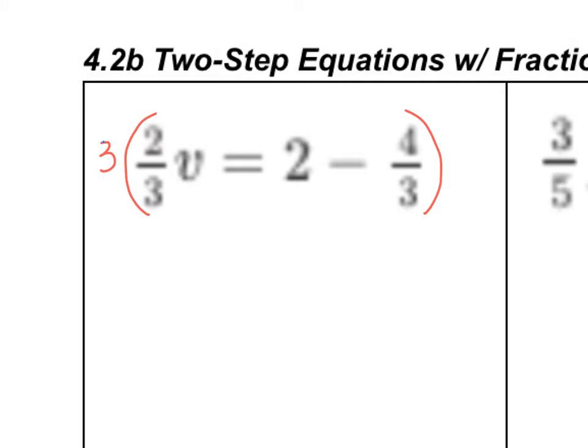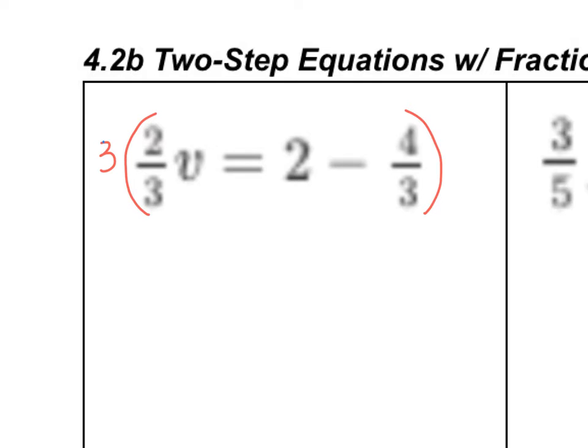And then there's my equal sign. 3 times 2 is 6, and 3 times 4/3 is going to be 4. See, this cancels out that 3. It will also cancel out this 3 by multiplying it. So I have 2v, 3 times 2 is 6, and then that 4 goes there.